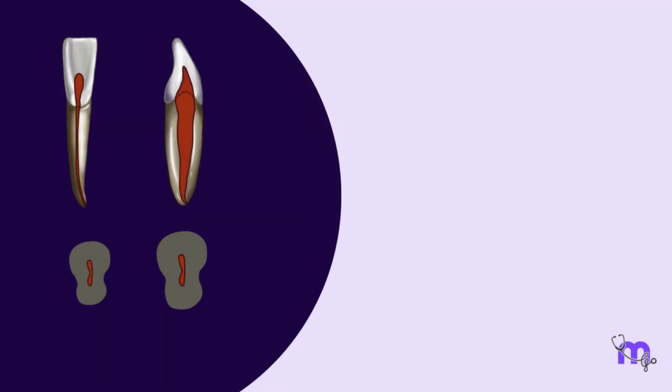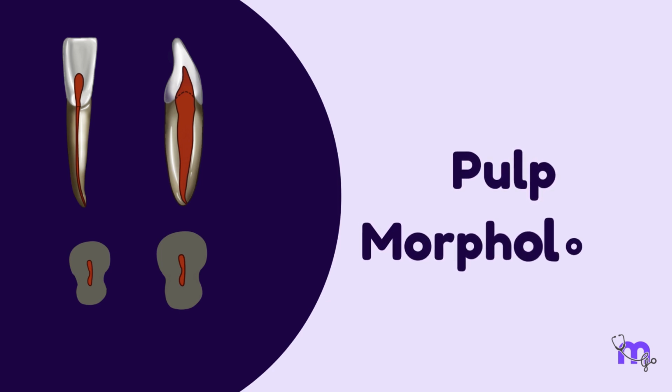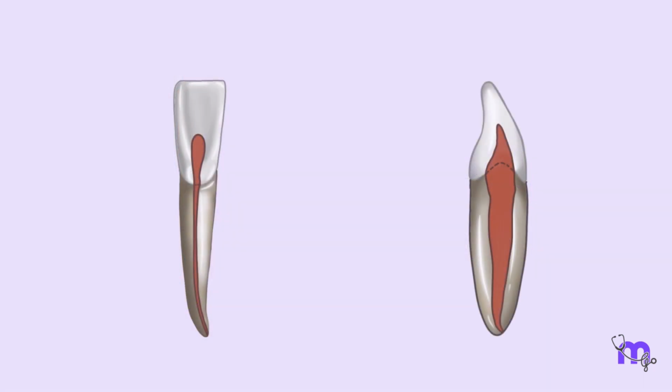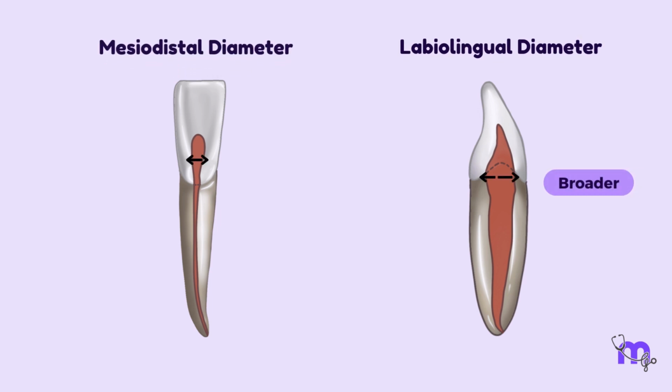Let's get back. Lastly, let's also discuss the pulp morphology of mandibular central incisors. Much like the crown, the pulp chamber exhibits a labiolingual width greater than its mesiodistal width. Within the root canal portion, there can be diverse configurations.